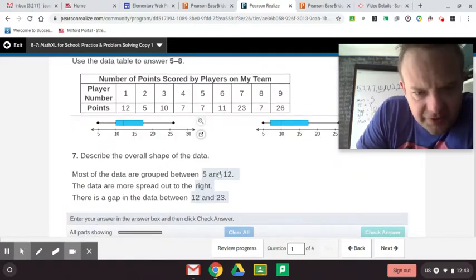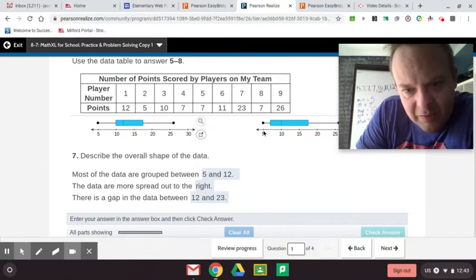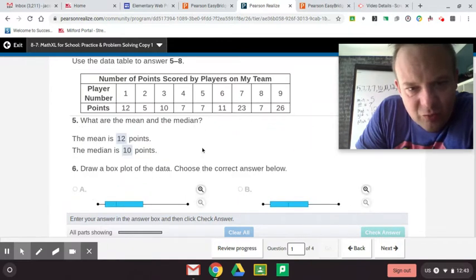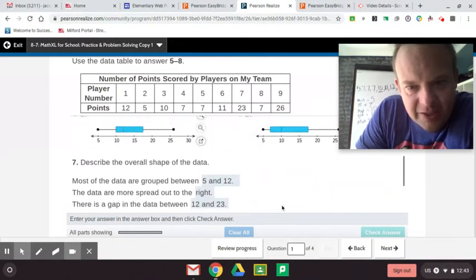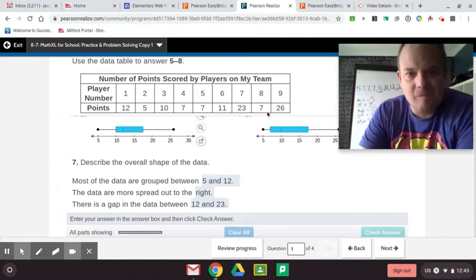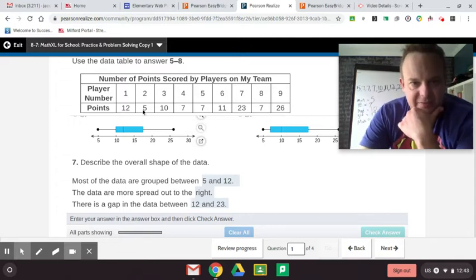All right, sorry, someone was at the door. So describe the overall shape of the data. Most of the data are grouped between 5 and 12 is what I put now. Let's see, 5. And then I was like 12, but I think they're saying 12 because 12 is the mean. So if you look here at the actual numbers, most of the data is between 5, and you can see once it goes to 12 here, there's a big gap.